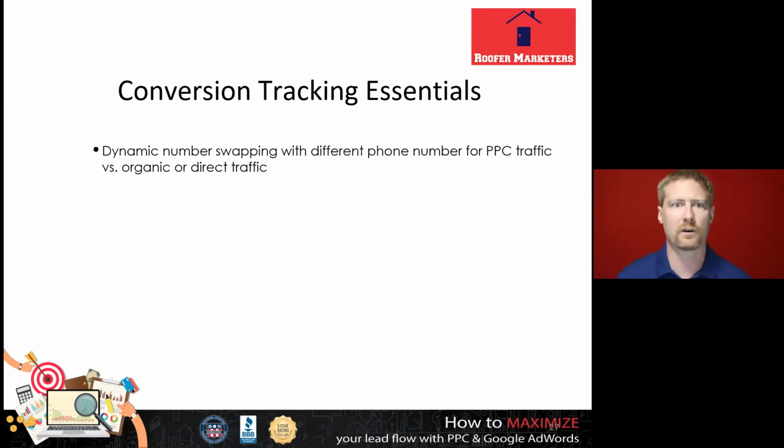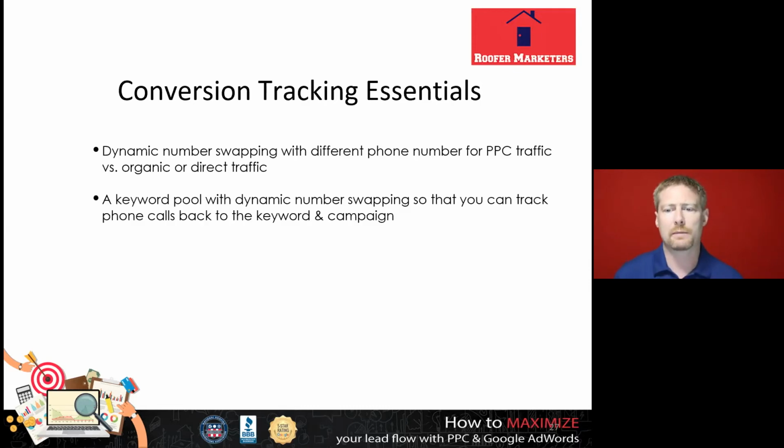You have a phone number for your company, city, state, or for a specific location that you're targeting. So you can really get granular on where that is coming from. A keyword pool with dynamic number swapping, that's kind of what I was talking about in having specific phone numbers for each ad group. You can do that, and that keeps it extremely granular.